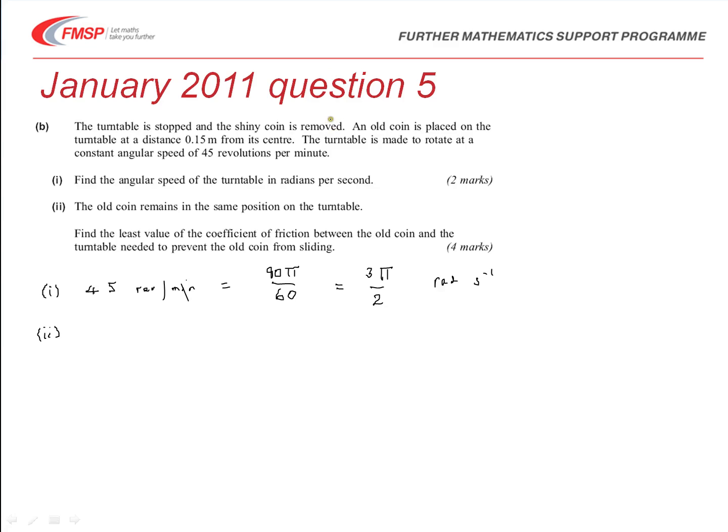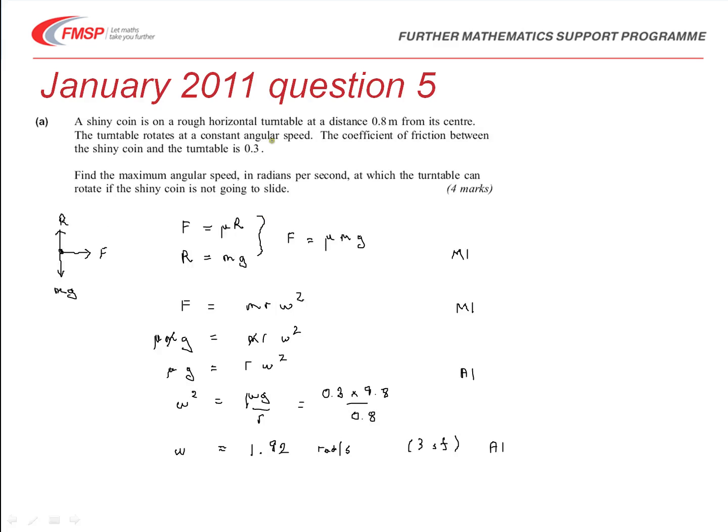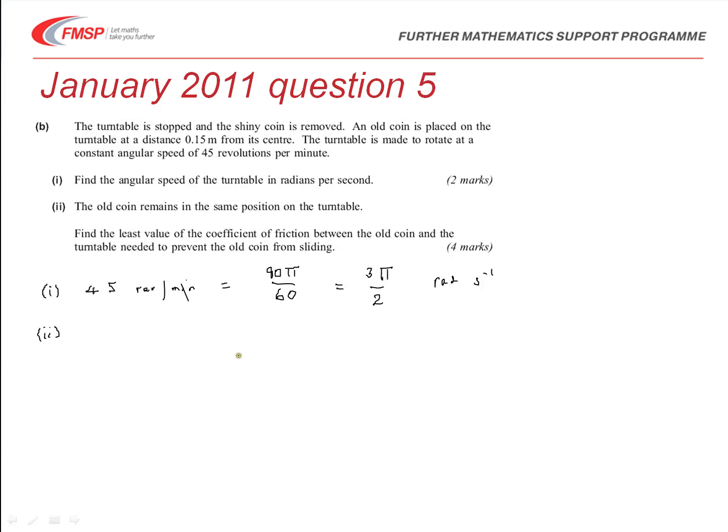So it's basically the same problem as before. F will equal mu R because it's on the point of slipping. The same working goes through, so we can use this result from here, the fact that mu g equals r omega squared, with our new set of values.